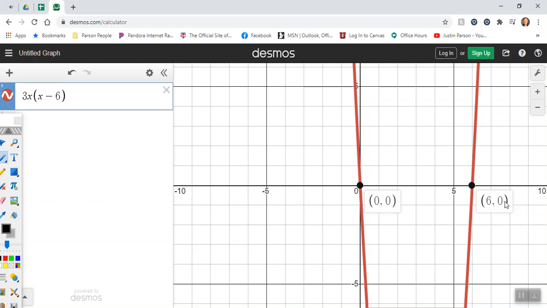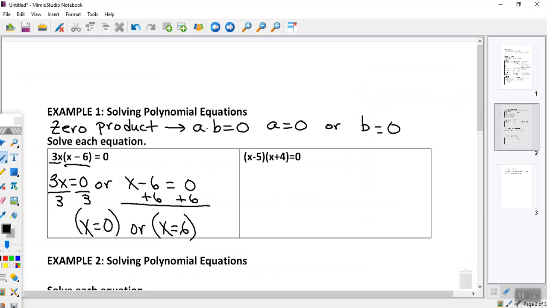So let's do this. You guys, I think some of you might be ahead of me already. How would I set this one up right here? If I had the quantity x minus 5 times x plus 4 equals 0, how would I solve that? What would I set equal to 0 first, kids? X minus 5 equal to 0. Or what else could happen here, kids?